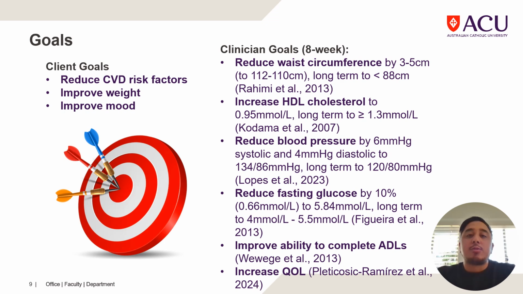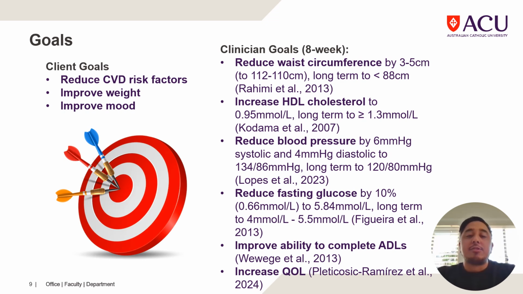The third goal is to reduce blood pressure by 6 millimeters of mercury systolic and 4 millimeters of mercury diastolic to 134 over 86 millimeters of mercury, which translates to a long-term goal of reducing blood pressure to 120 over 80 millimeters of mercury. Lopez et al. found that after 12 weeks of moderate intensity aerobic exercise at 50 to 65% of heart rate reserve, participants with resistant hypertension experienced significant reductions in blood pressure.